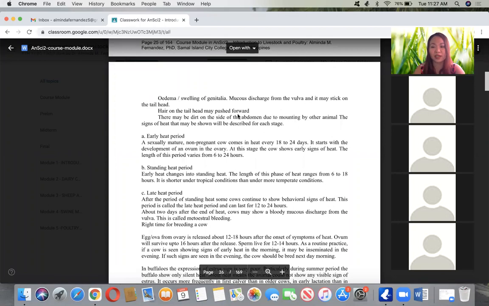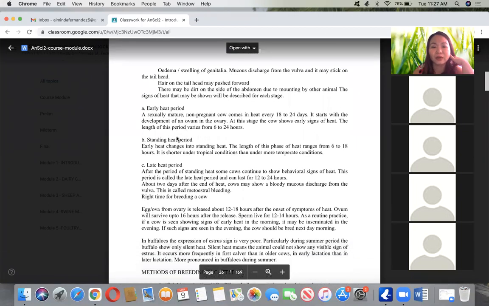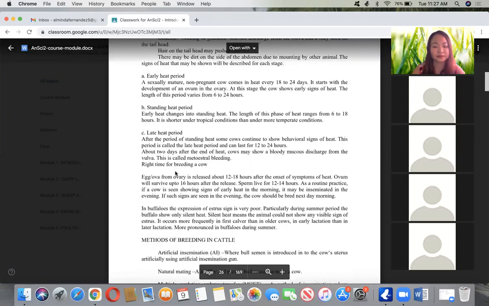These are the signs, when they push their tail forward. Then there is dirt on the side of the abdomen due to mounting by other animals. The signs of heat will be described for each stage: early, standing, and late.